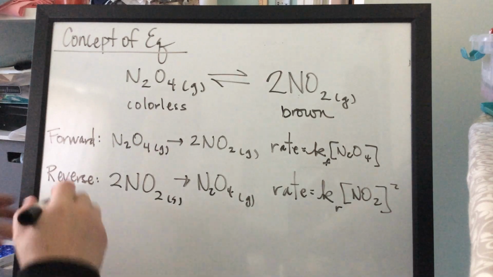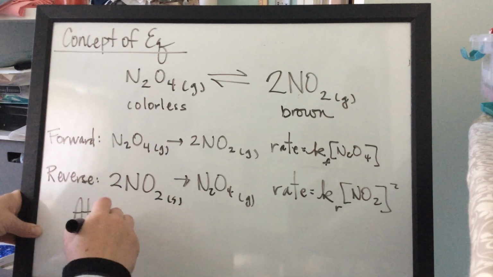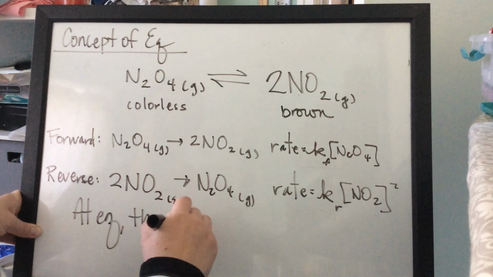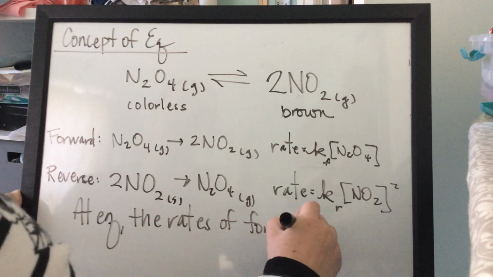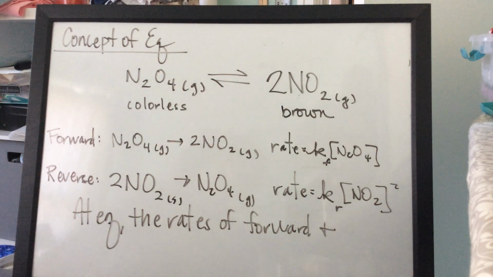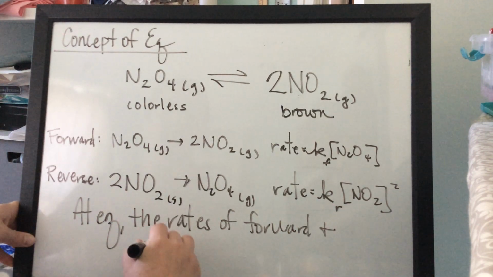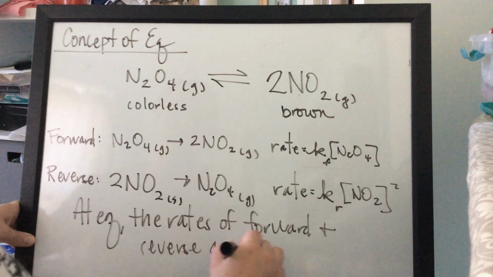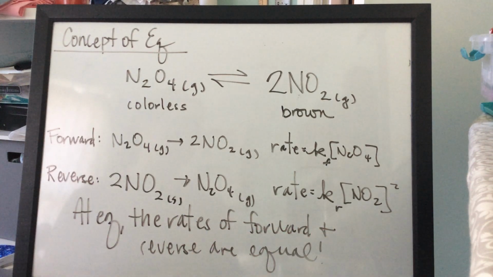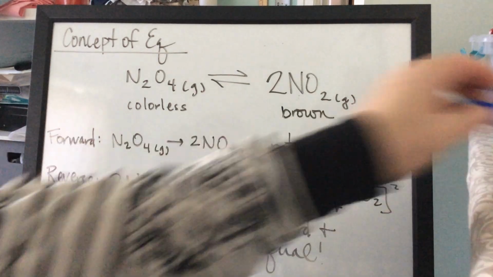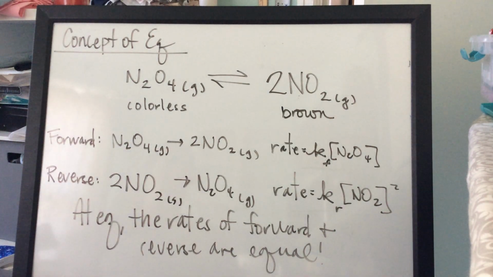Now, we've already made a huge deal, which is that at equilibrium, the rates of forward and reverse are equal. So at equilibrium, the rates of the forward reaction and the reverse reaction are equal.